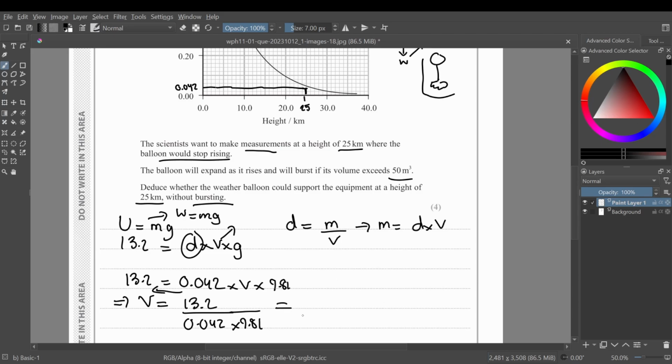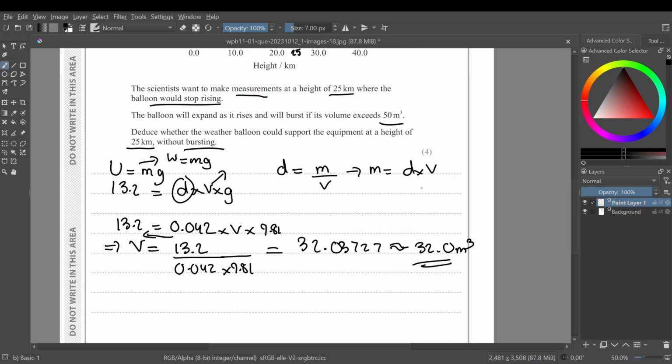So your value comes as 32.03727, sorry, wait, 32.03727, which if you round it off, is 32.0 meter cube, right? So basically it is not exceeding, so we will say 32.0 is less than 50 meter cube.